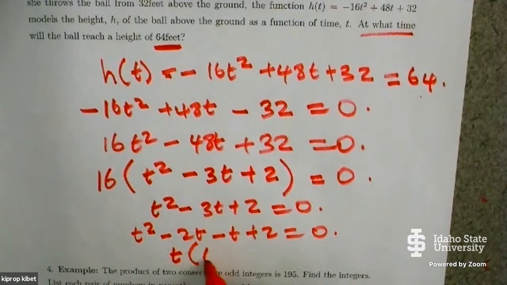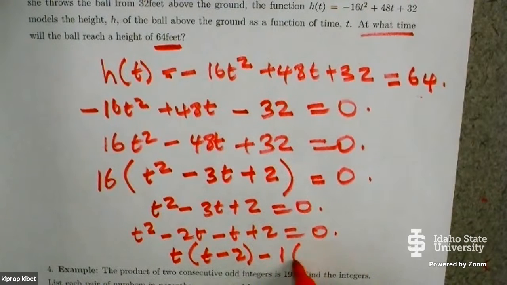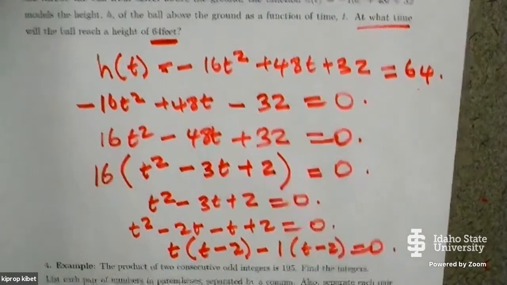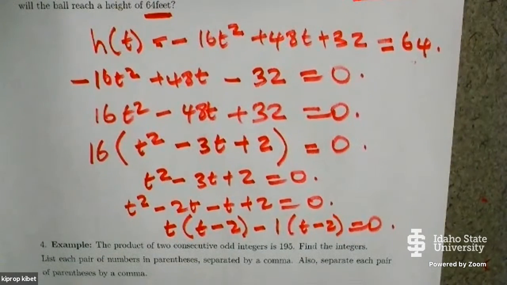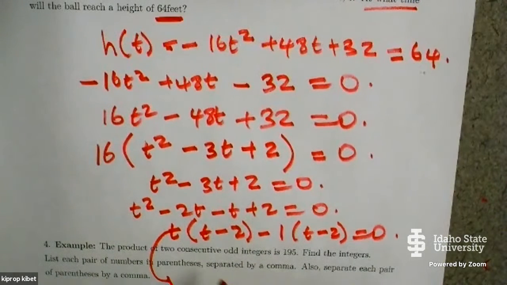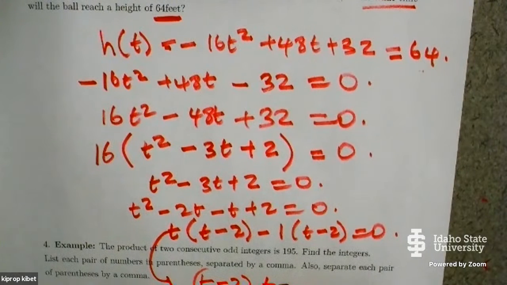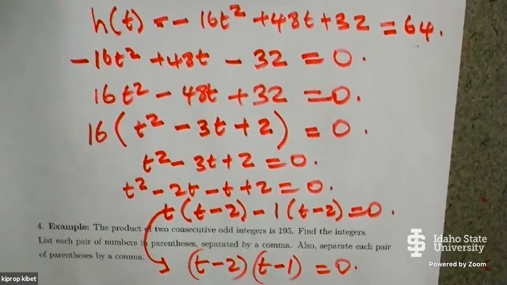So t times t minus 2 minus 1 times t minus 2 equals 0. Again, getting the greatest common factor there, we have t minus 2 and t minus 1 equals 0.